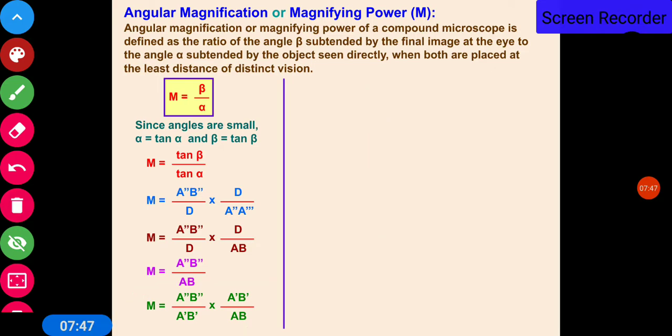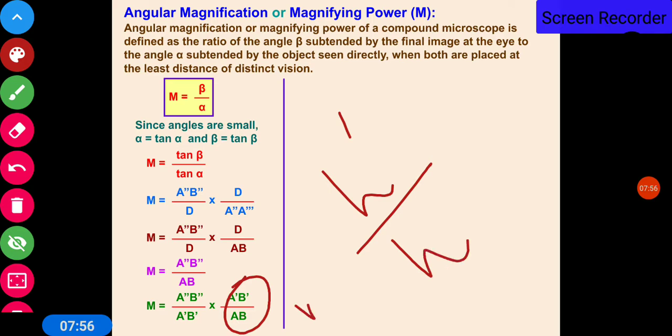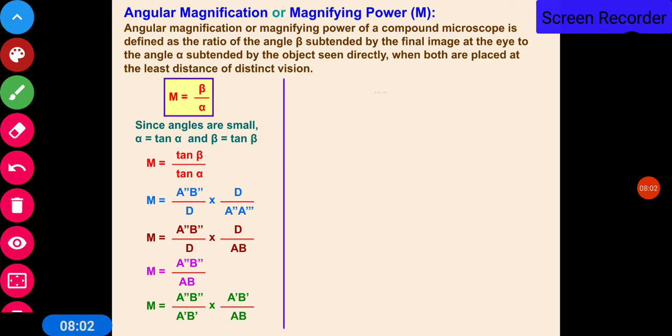And if we look here, then this is the image for the objective and AB is the object. So this can be written as MO, that is the linear magnification for the objective lens. So in place of these two, we can write m is equal to ME into MO.